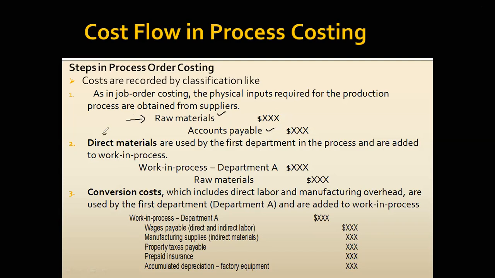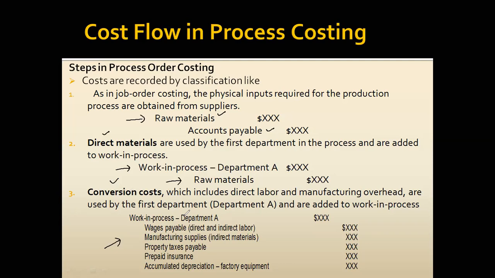Second entry, students, when we issued the material for production, we recorded work in process debit and raw material credit. This is the entry for the issuance of materials. Students, one thing you have to keep in mind here: we are not using applied overhead, we are using actual overhead, and a combined entry will be recorded for the conversion cost instead of passing separate entries for labor and overheads.